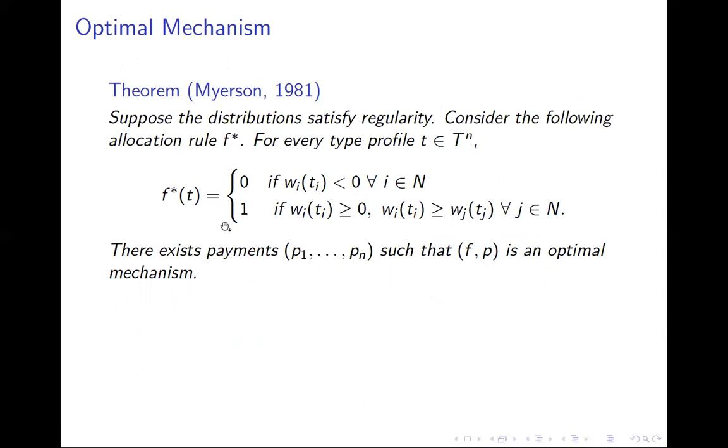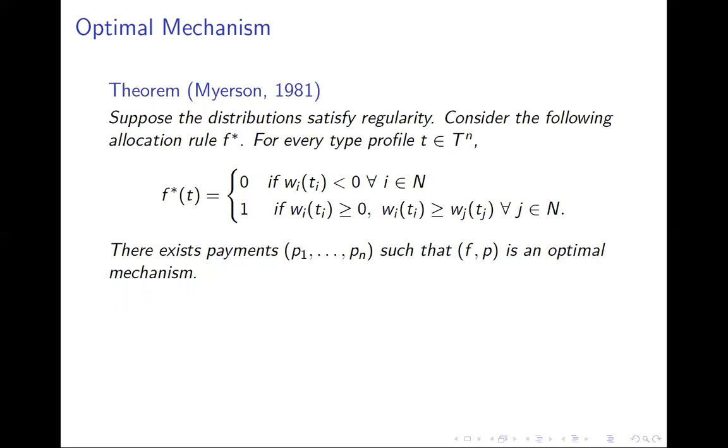Remember, this F star is only an allocation rule. I can always choose the P's so that F star, P becomes a DSIC mechanism. And how do we choose them? These payments are just the cutoff payments. So if you have a deterministic non-decreasing allocation rule like this, and you choose the cutoff points as your payments, then that becomes a DSIC mechanism.